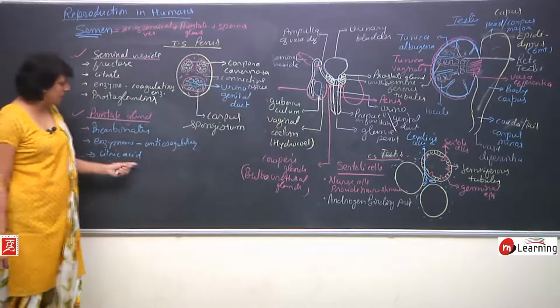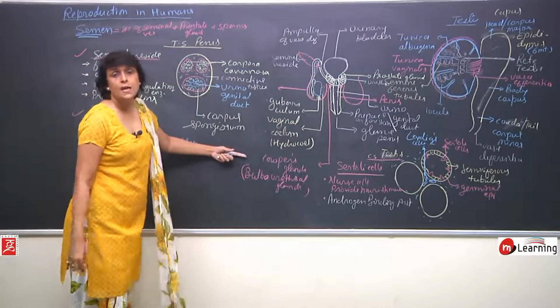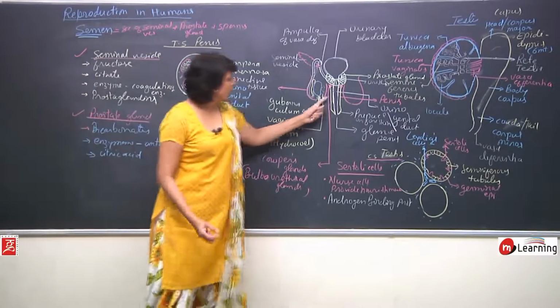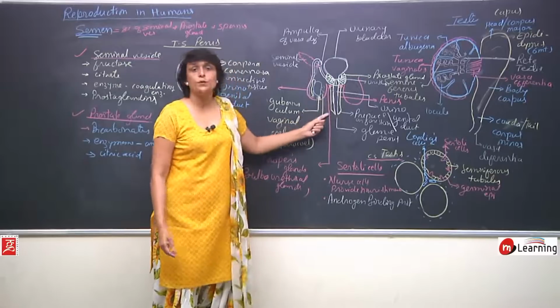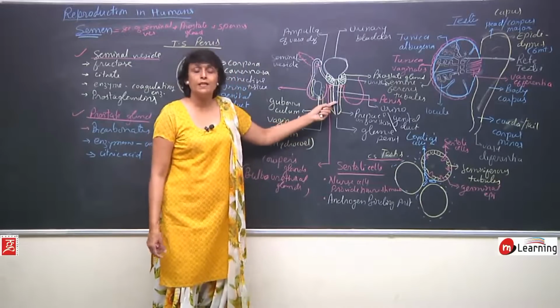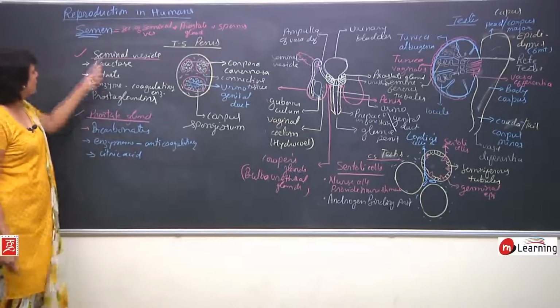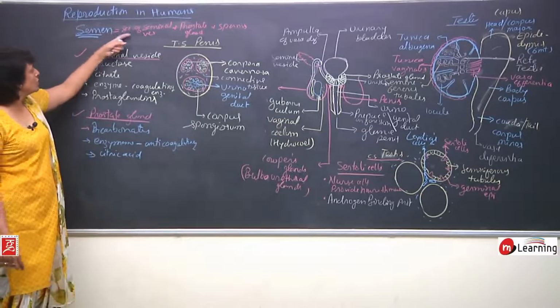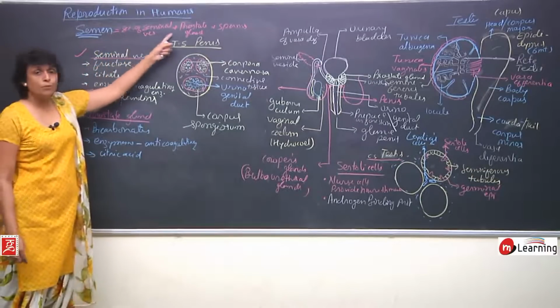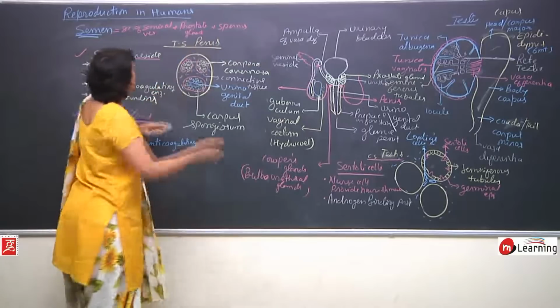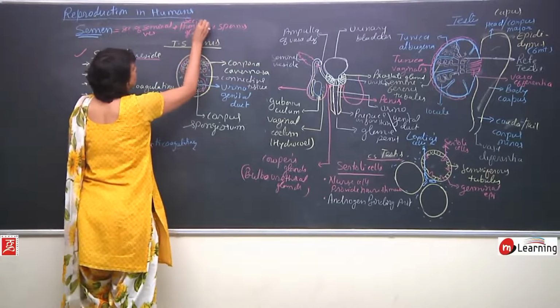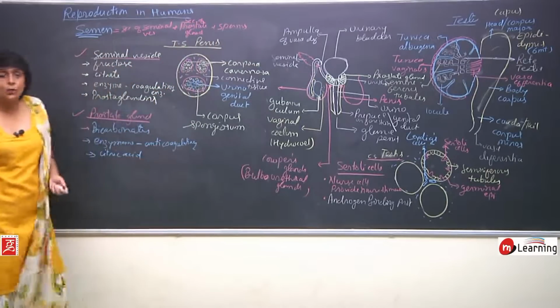These three things, because the secretion of Cowper's glands is basically mucus, and that is meant for proper lubrication of the penis during copulation. So, that secretion is simply mucus. So, semen basically includes secretion of seminal vesicle, prostate gland and sperms.